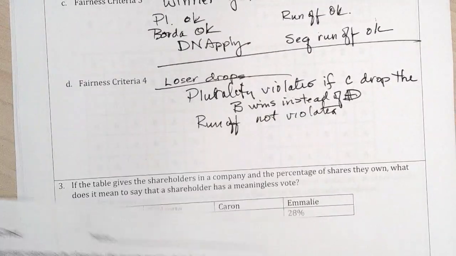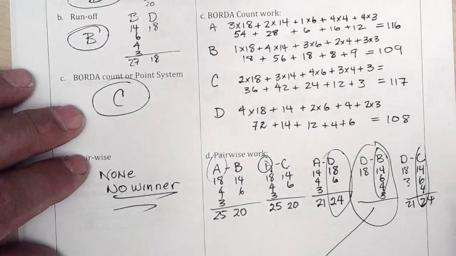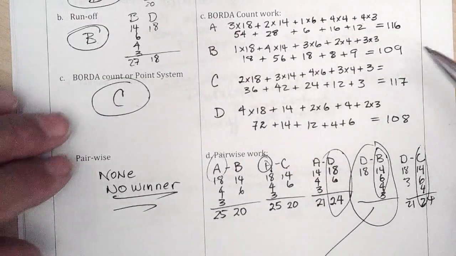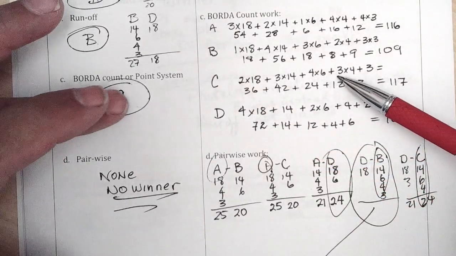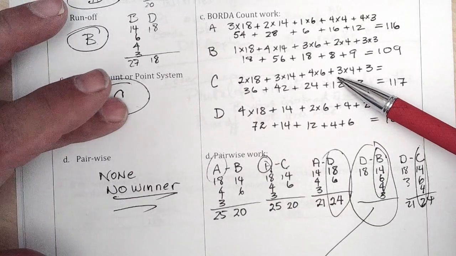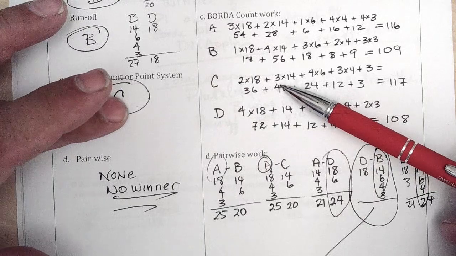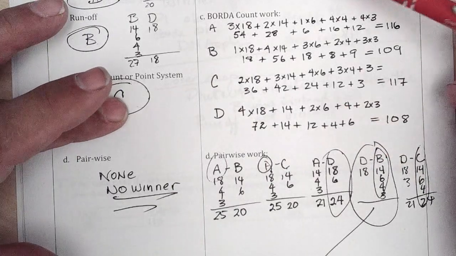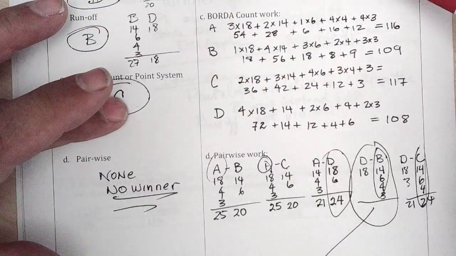And then when we look at Borda count, C's got the most points, and if someone drops out, would C still have the most points? If someone drops out that's got points above C someplace, C's going to get more and more points.